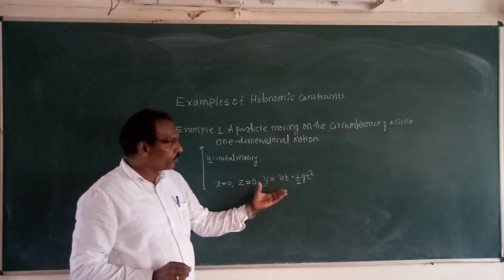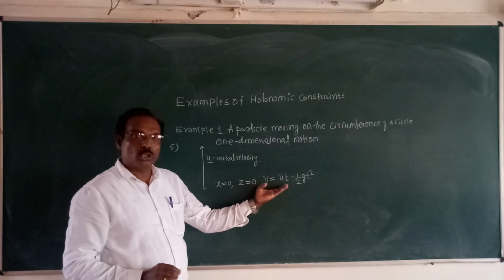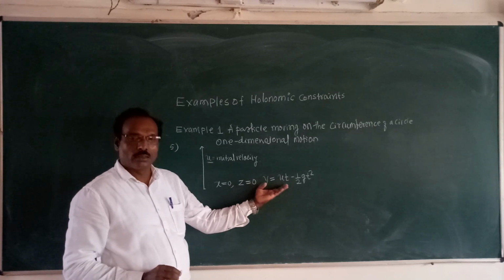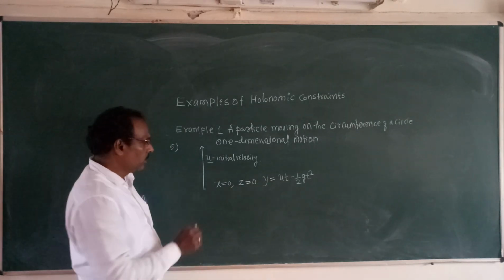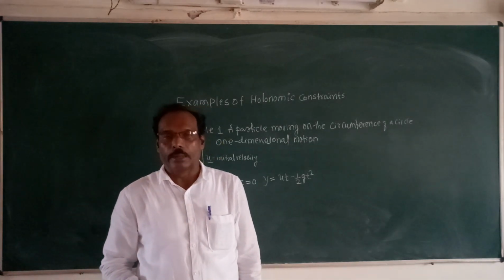So, can we fit this equation? We are going to call this the equation of constraint. What is the constraint here? The body is thrown vertically upward along a straight line.